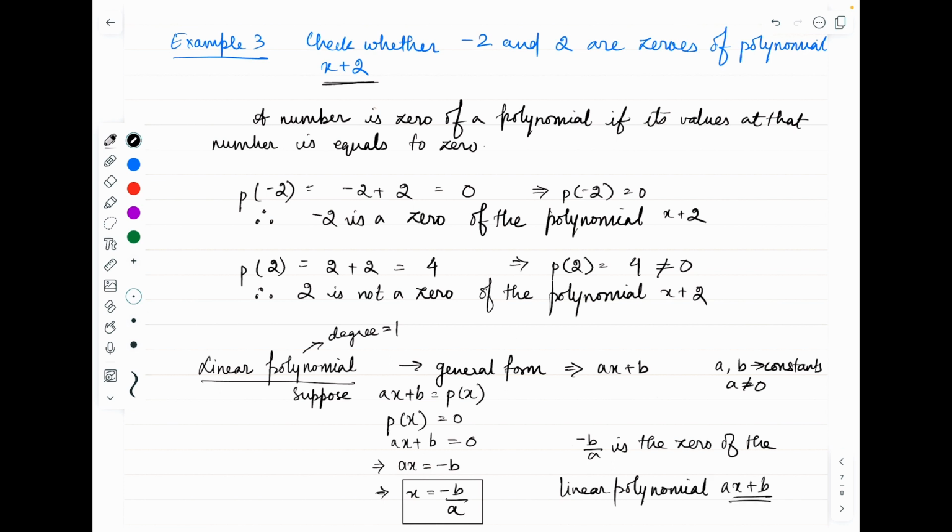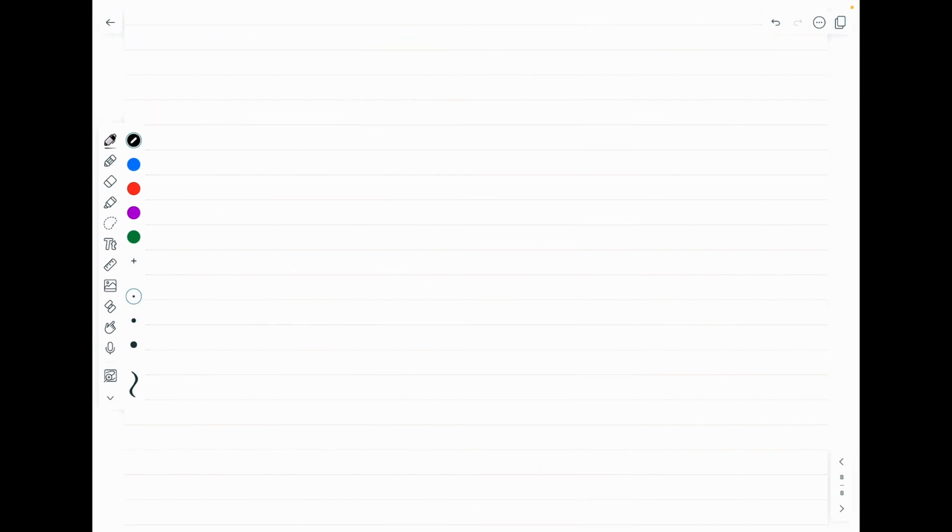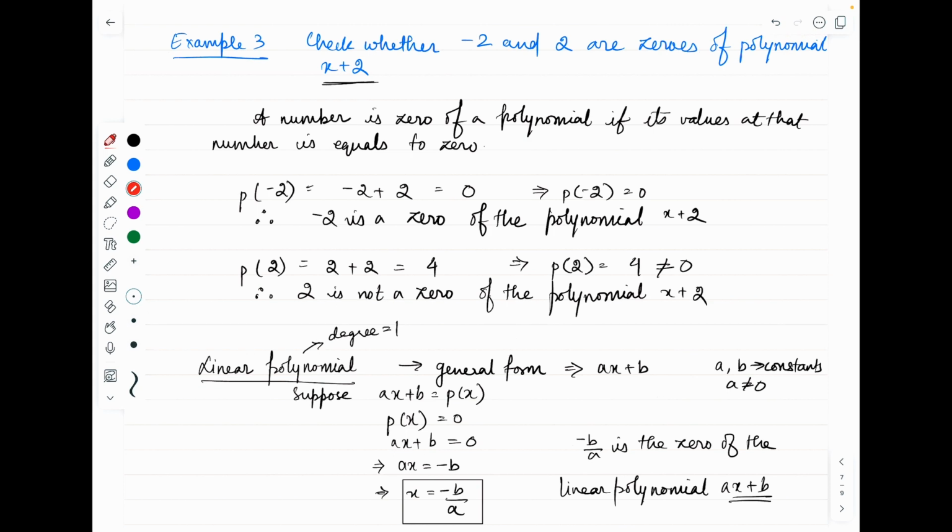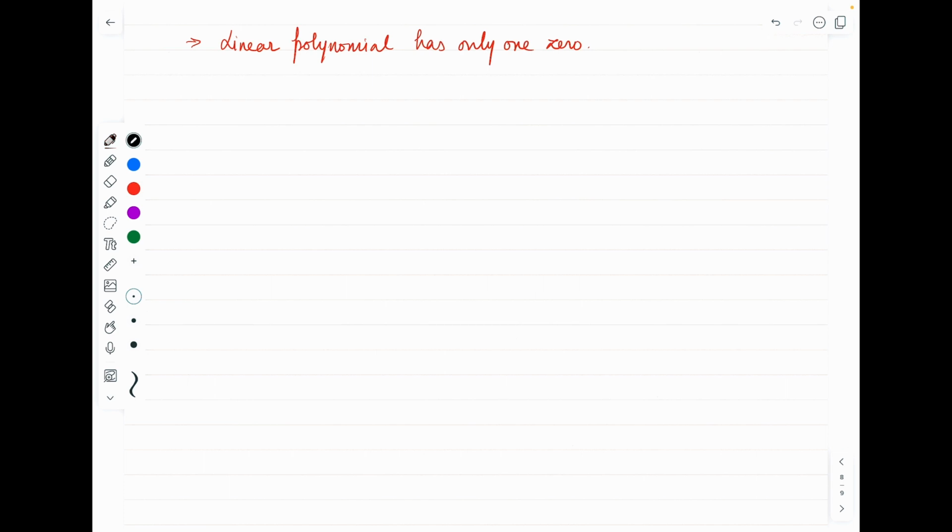But other than minus b by a, you cannot have any other zeros. So what we are inferring from here? We are inferring that a linear polynomial has only one zero. What is that? That is minus b by a.